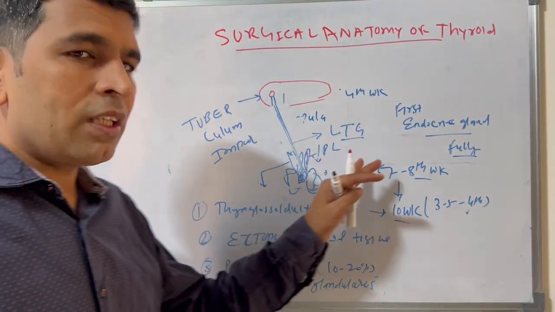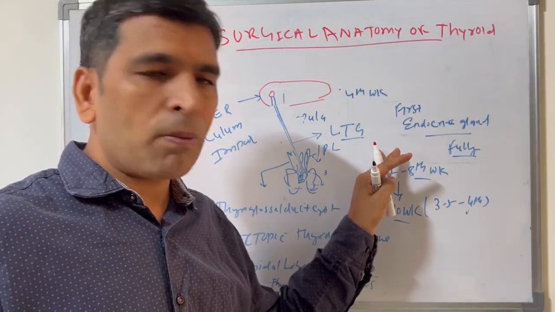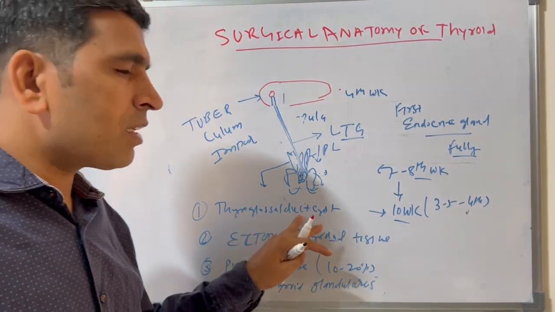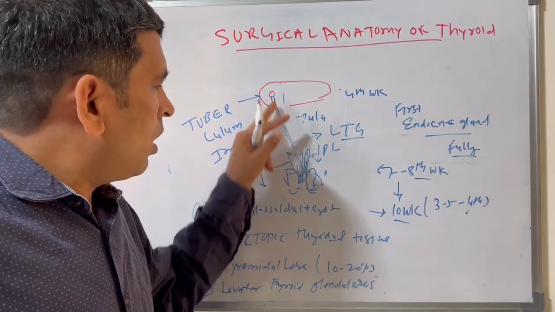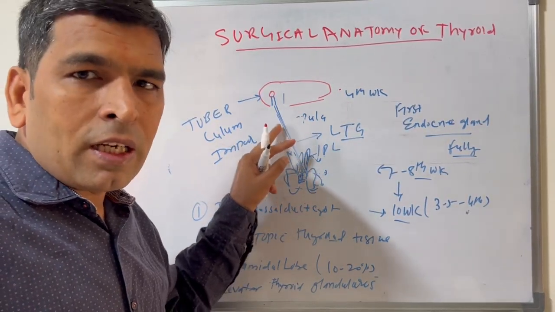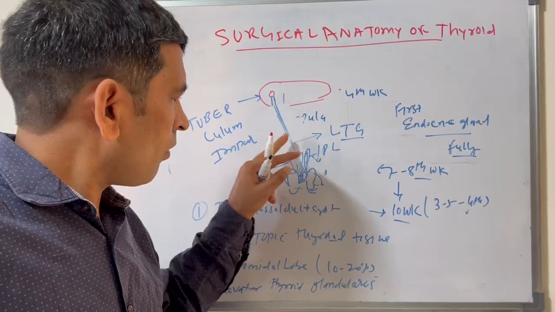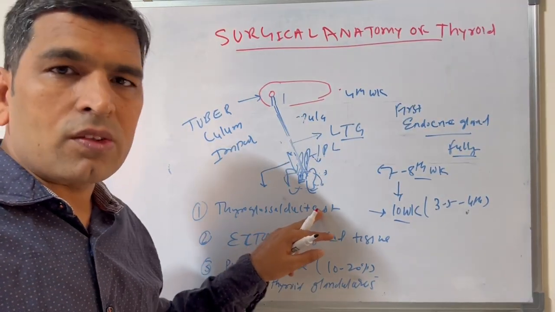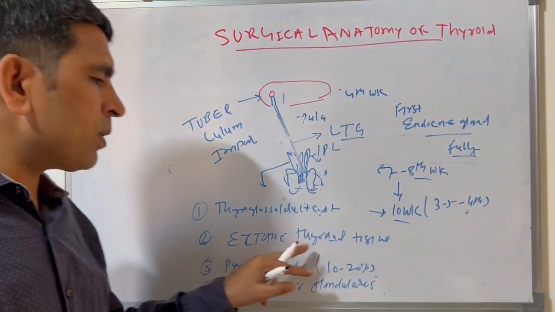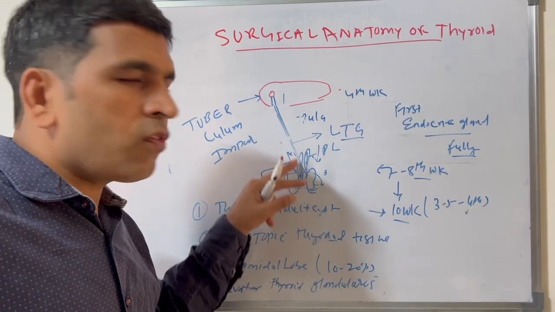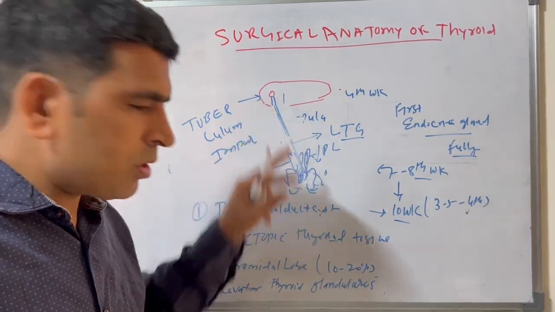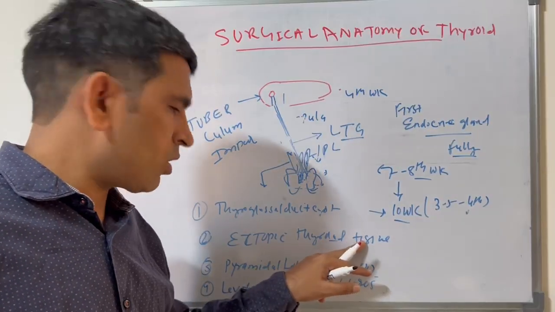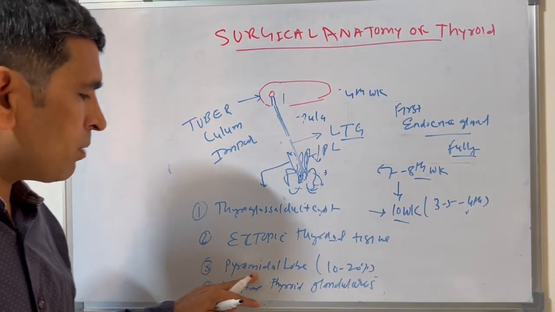So what are the clinical applications of thyroid development? First, the thyroglossal duct cyst: the descent forms an endothelial lining tract, and if it persists, it is called a thyroglossal duct cyst. Second, ectopic thyroid tissue: if descent fails between the normal position of the thyroid and the foramen cecum, it is called ectopic thyroid tissue. Third is the pyramidal lobe.